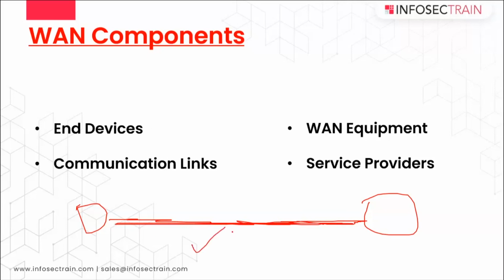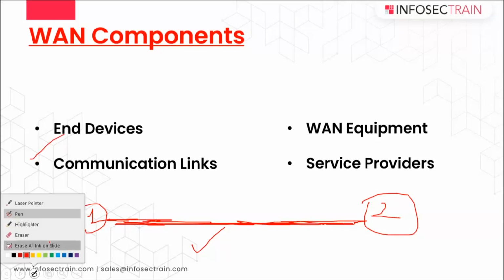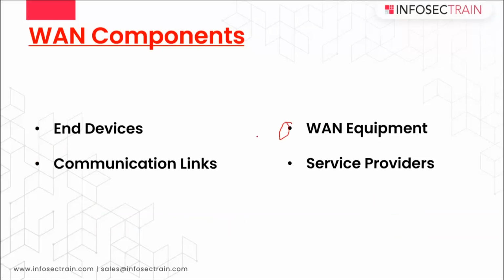Yes, it can be wired, it can be wireless, right? Communication links can be wired or wireless, and they can use various technologies like leased lines, frame relays, ATMs, MPLS, VPNs, anything. So the link which is connecting your one site to another site, that's what we call a communication link. Make sense?